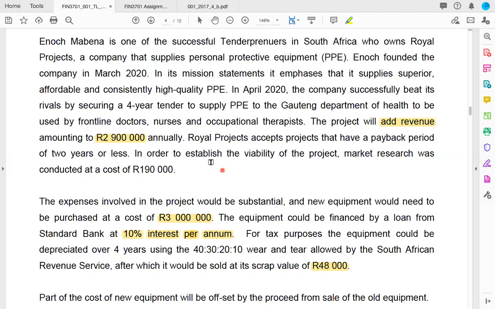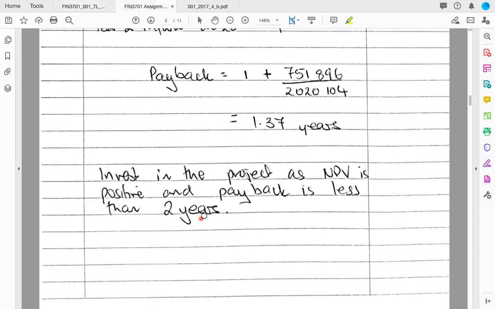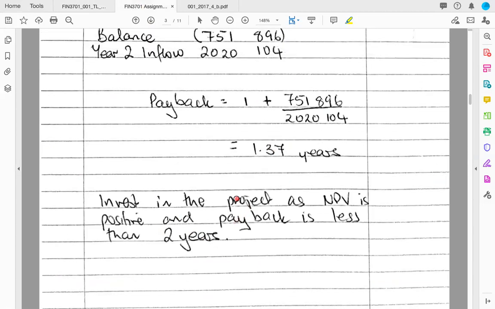Okay, there it is. We are told Royal Projects accepts projects that have a payback period of 2 years or less. Okay, so in this case, because we calculated our payback of 1.37 years, which is less than 2 years, we would say that they should invest in the project.